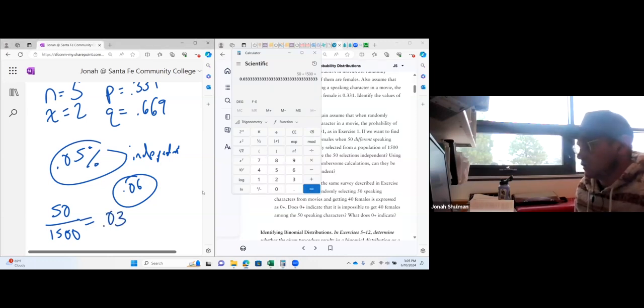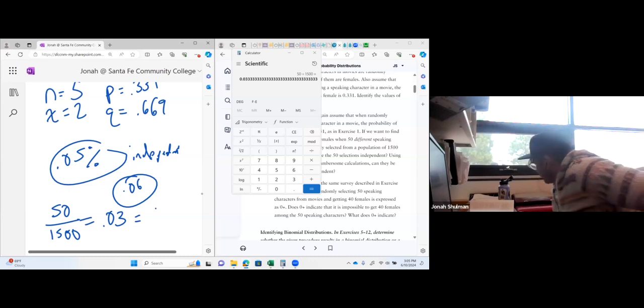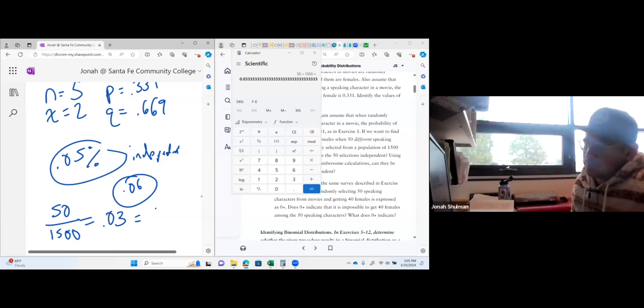So this is usually going to be dependent because we're not replacing the people, but because 0.03 is less than 0.05, we can treat this as independent. As long as we're less than this amount, we can treat this as independent. So both ways, it's going to be independent.